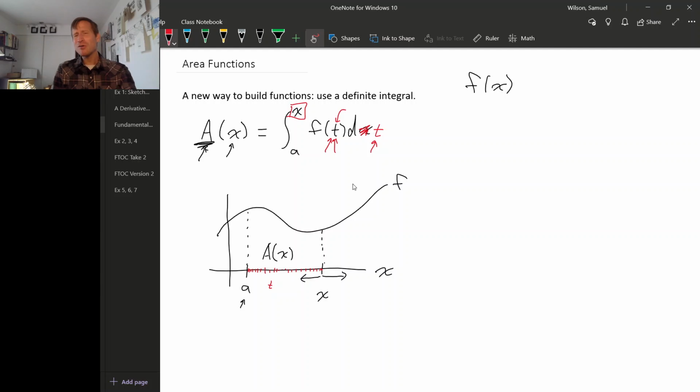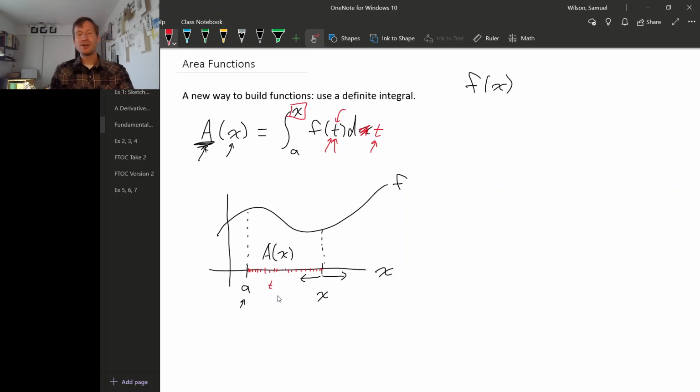If you're familiar with programming languages at all, t plays the role of an index variable in a loop. We could have used some variable other than t, as long as it's not x or a. So this could be u or b, or whatever you want. I usually use t though.